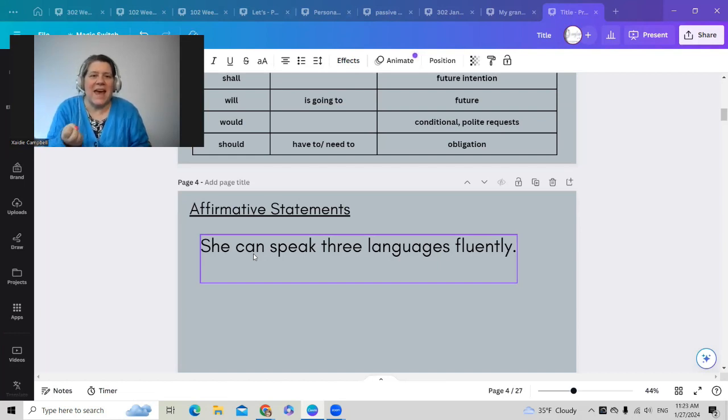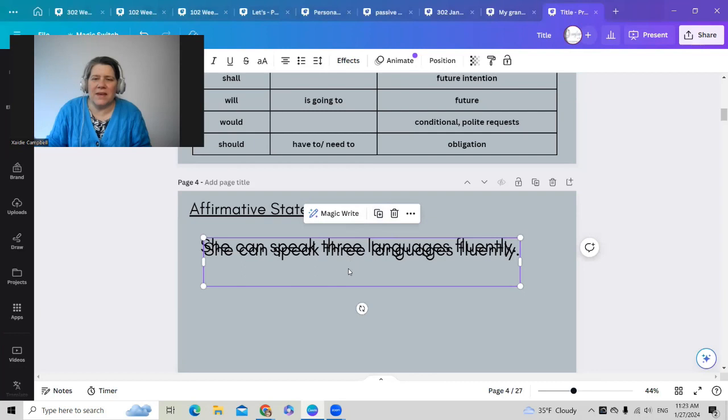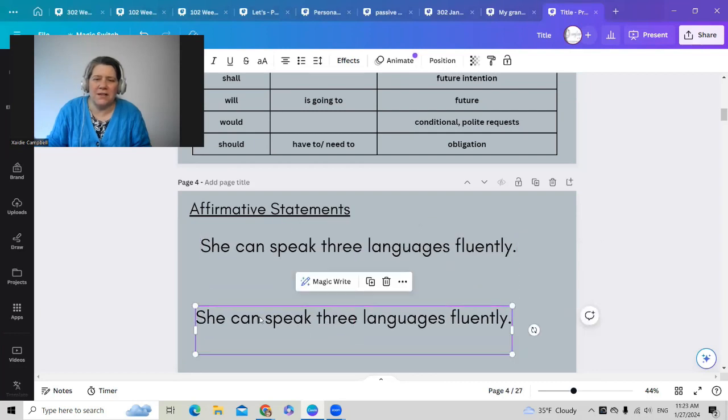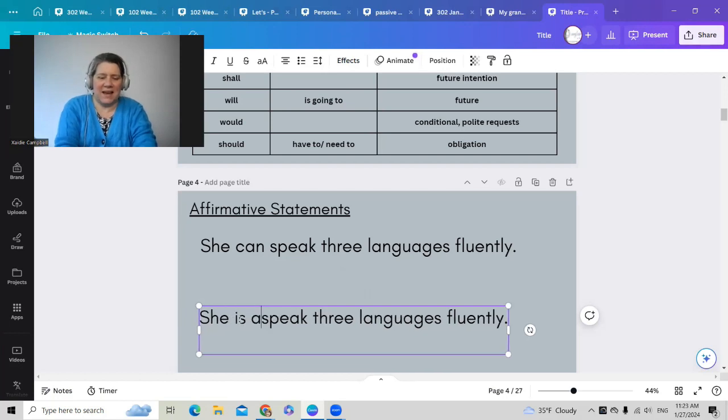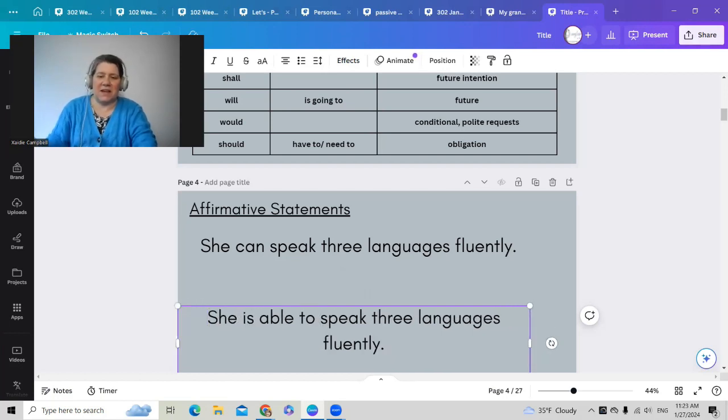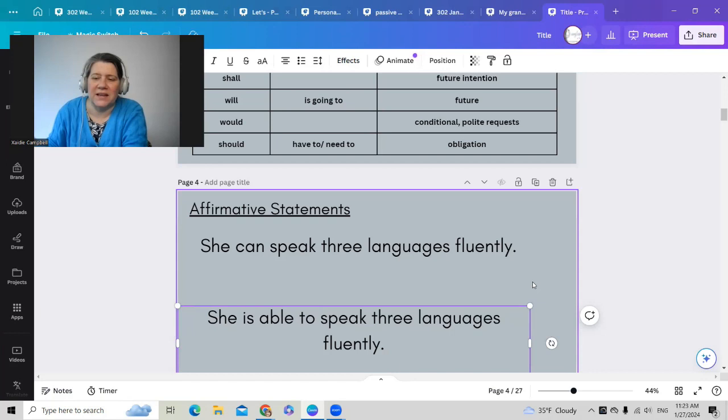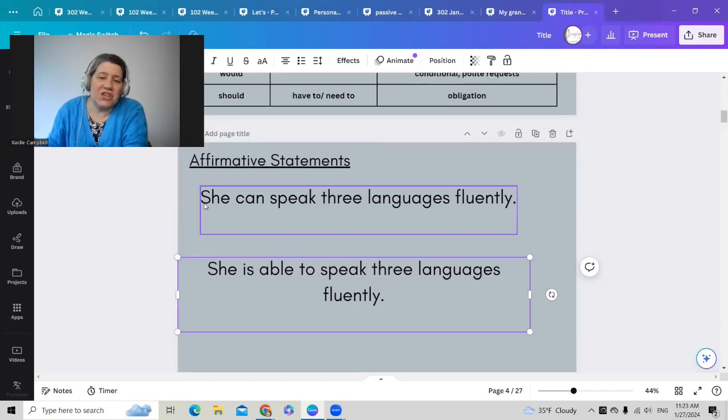Okay? The can is very slight when you're listening. The counterpart would be she is able to speak 3 languages fluently. Okay? She can speak 3 languages fluently. She is able to speak 3 languages fluently.